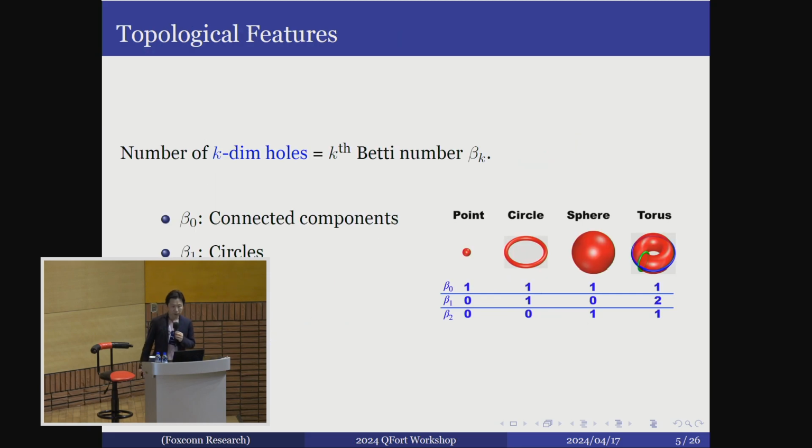In this talk, we mainly care about these topological features, the k-dimensional holes. In topology jargon, this is equivalent to the k-th Betti number.